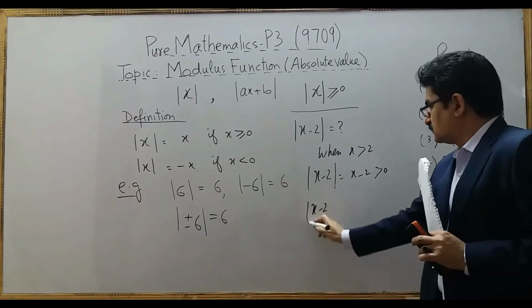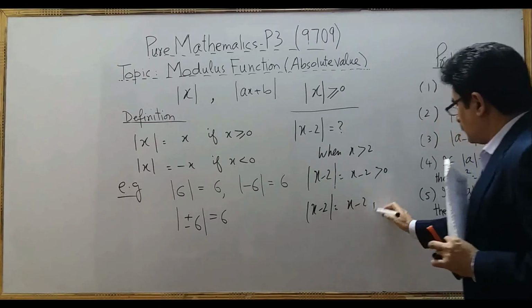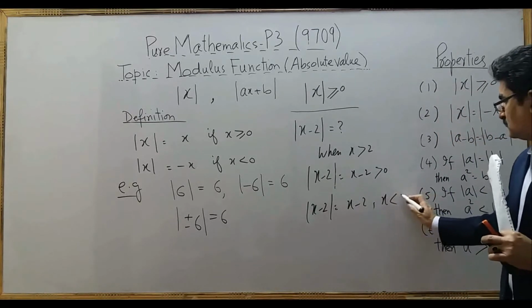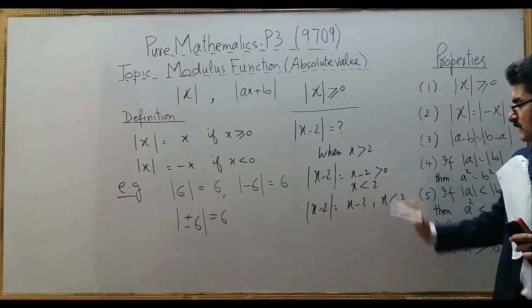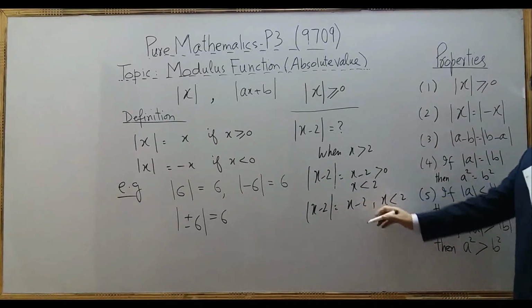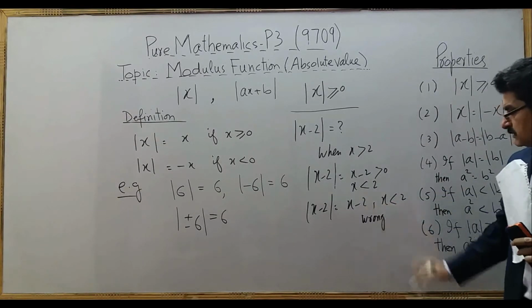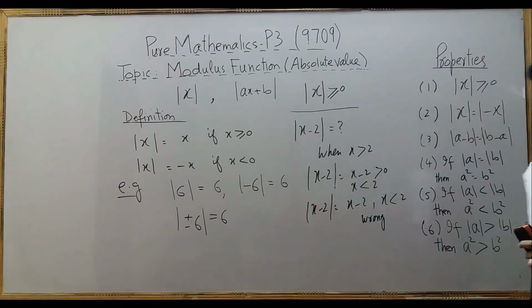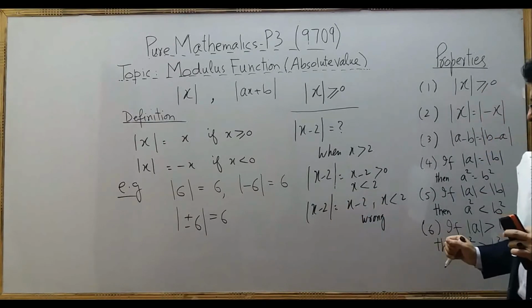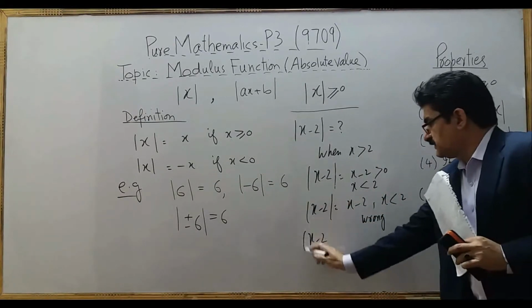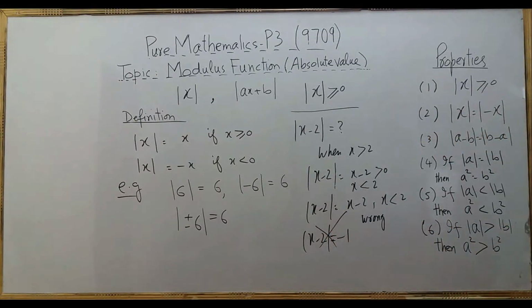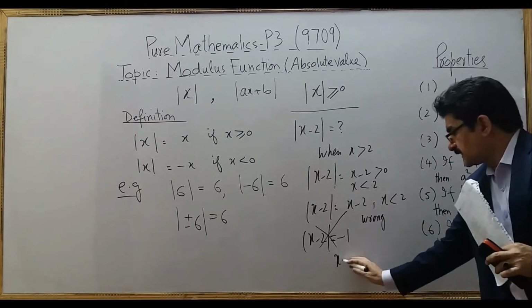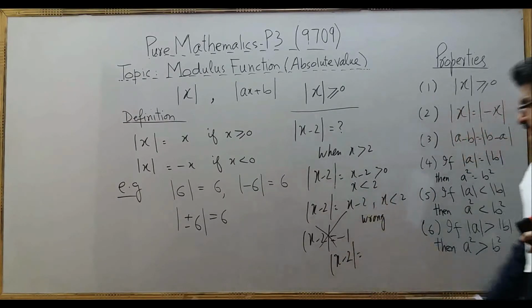Then we have x minus 2 for x less than 2. If x is smaller than 2, writing it like this will be wrong, because you have the modulus of it. If you put, for example, 1, it will be minus 1. So how can x minus 2 mod be equal to minus 1? It will be wrong. The value of x minus 2 mod should be positive.